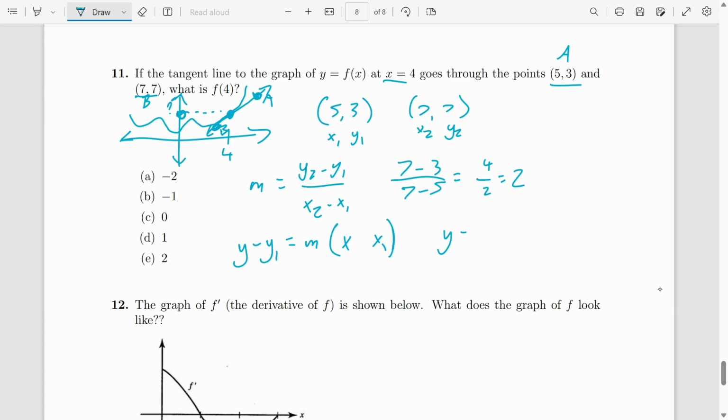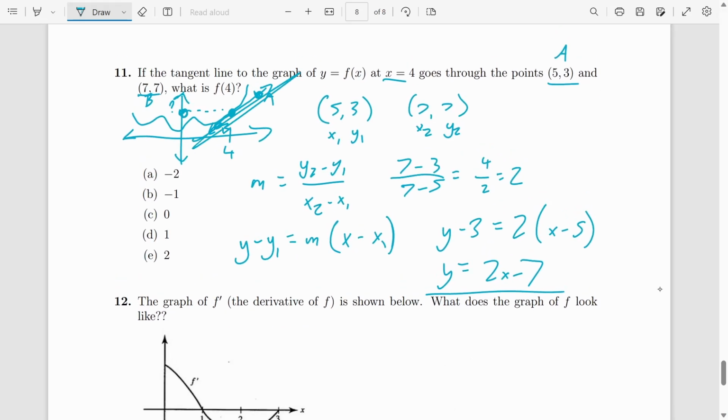We'll do y minus 3 equals our slope, 2, times x minus 5. So this is y equals 2x minus 10 plus 3, which is y equals 2x minus 7. This is the equation of the tangent line that we stated earlier.